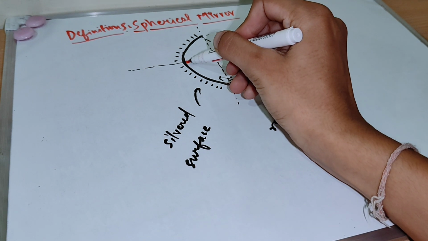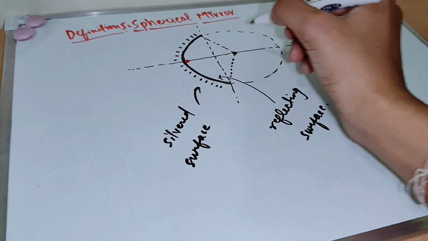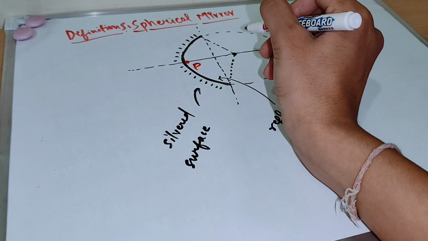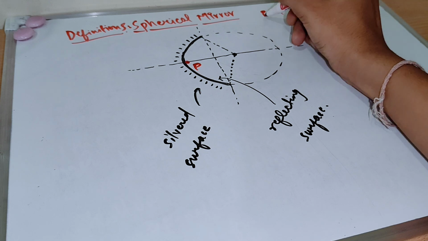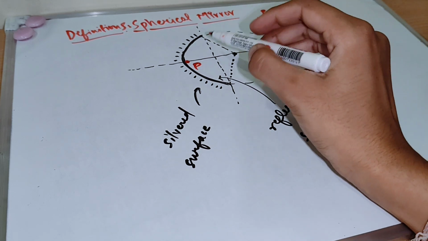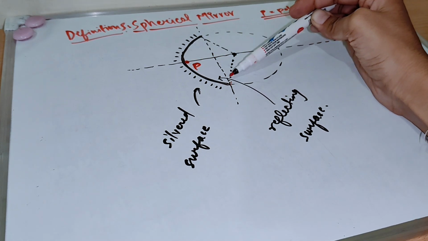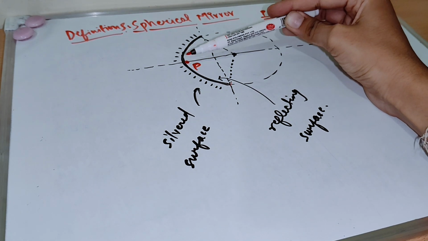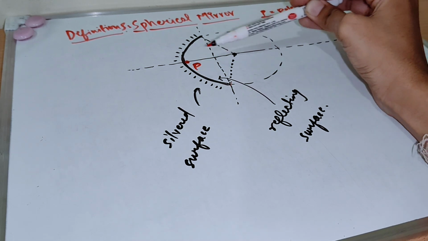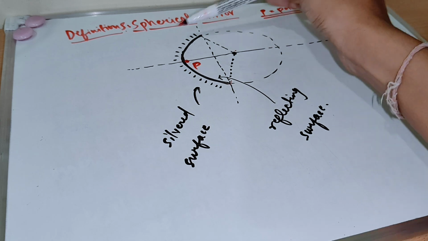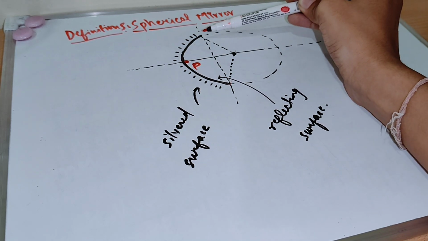So this point that I have marked over here, I'm going to name it as P, and P is the pole of the mirror. As you can see, the pole of the mirror is the center. I have joined it with the center of this sphere, with the center of curvature of the mirror.